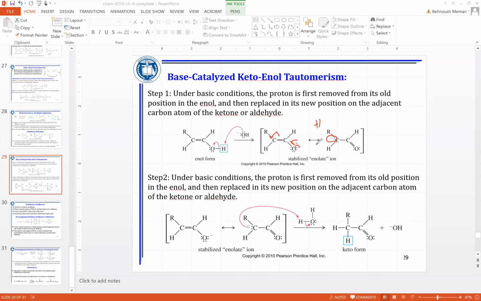If you do oxymercuration-demercuration, or use mercury sulfate, the addition is Markovnikov addition. The final product is going to be a methyl ketone. For hydroboration-oxidation, when you use a borane and add water, the addition is going to be anti-Markovnikov, and the final product is going to be an aldehyde.